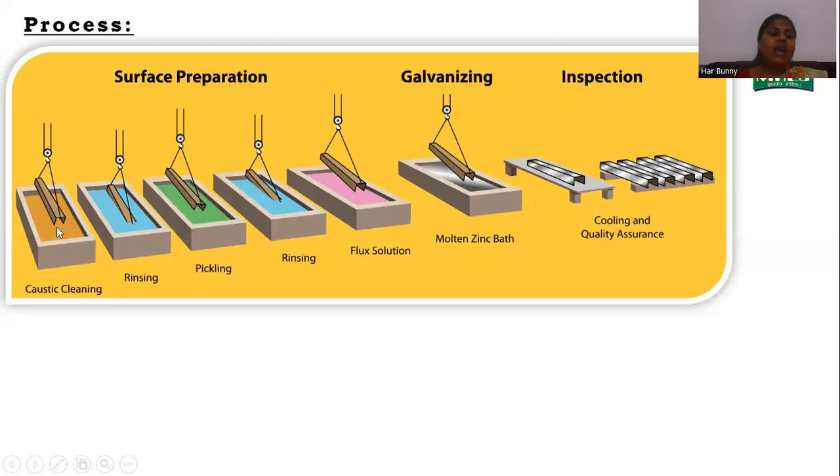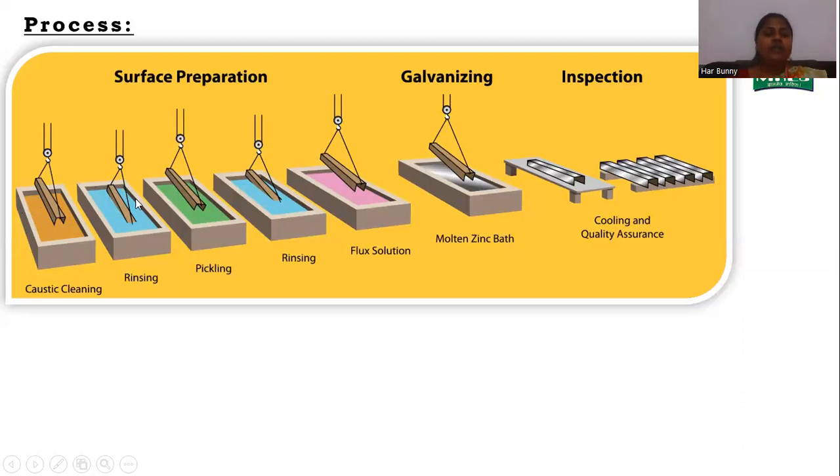That is why we first do caustic cleaning. After the caustic cleaning, we rinse it with water to remove all the caustic substance present on the surface of the iron metal.